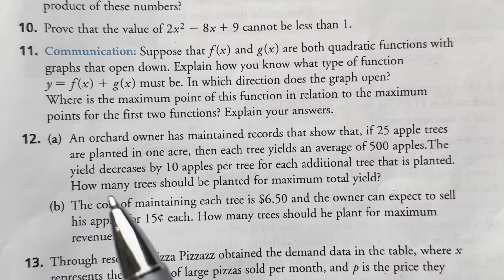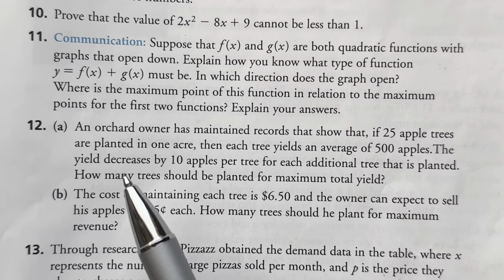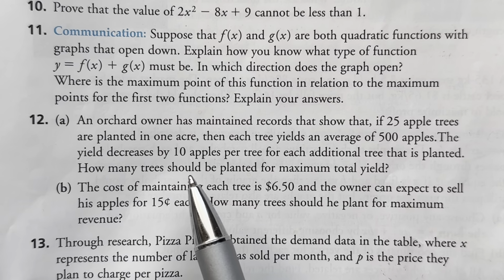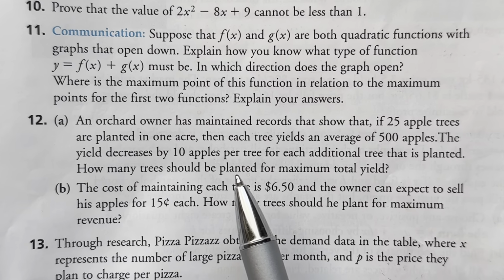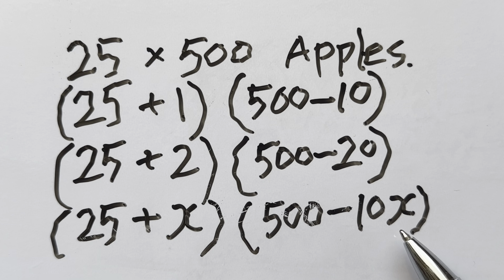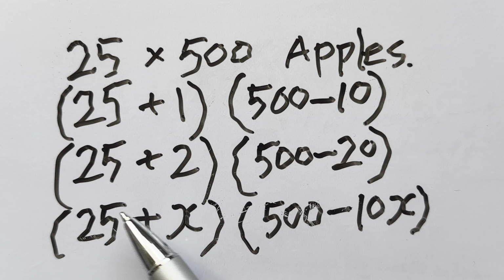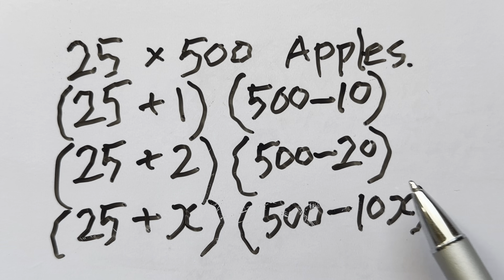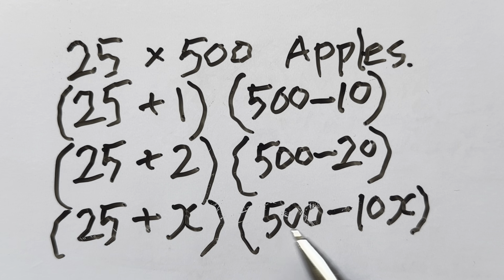This part A is asking how many trees should be planted for maximum total yield. So the total yield is this. Then how many trees should be planted to produce the maximum amount from this expression, because this is the number of apples produced.